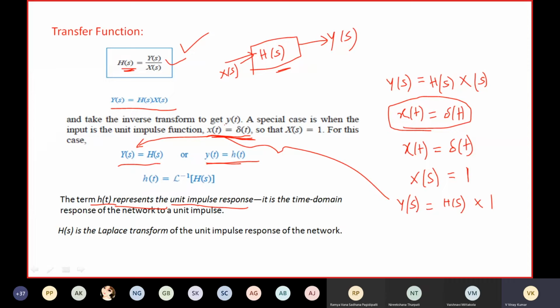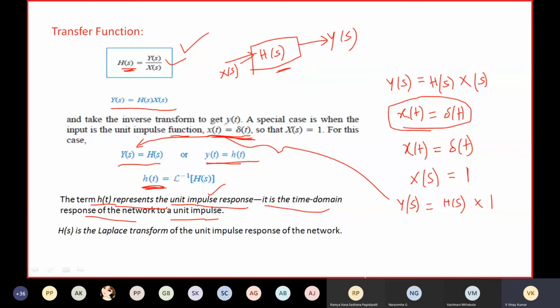Because y of t is equal to h of t, it is the time domain response of the network to the unit impulse. Because of this, h of t is called the unit impulse response.